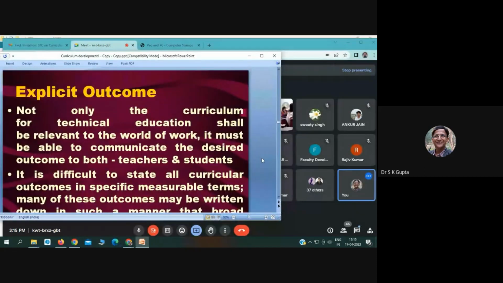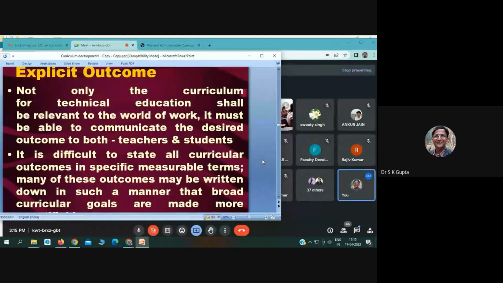Then explicit outcome. Explicit outcome means that in a degree program we have 40 to 45 subjects. Every subject has some purpose. Through that subject we are trying to develop some competencies in the students.